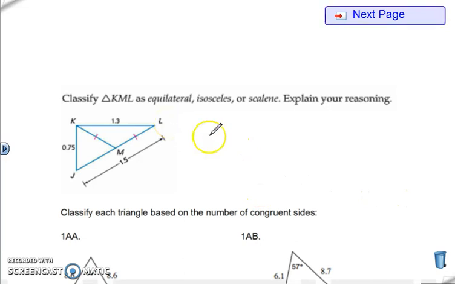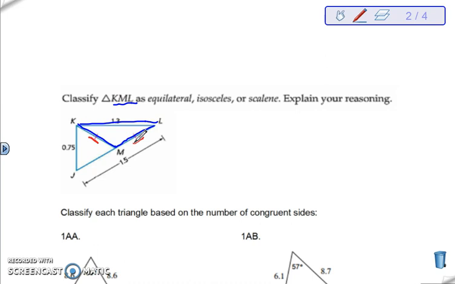We are trying to figure out whether KML is equilateral, isosceles, or scalene. So if we look at the picture, the first thing we probably want to do is identify the triangle that we're looking at, right? So KML, follow those three sides. What we will notice is that they marked these two sides for us. Anytime we see those markings, that means the sides are congruent.